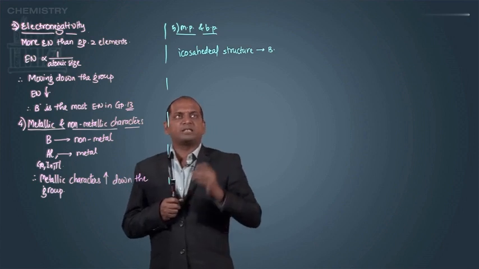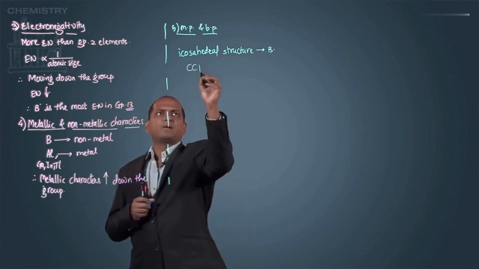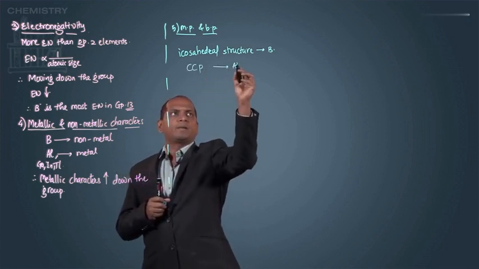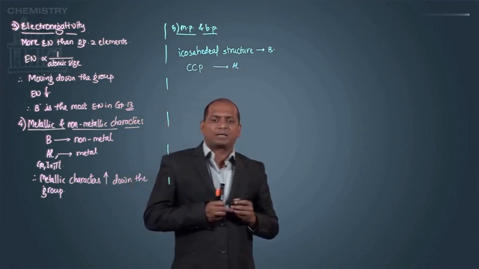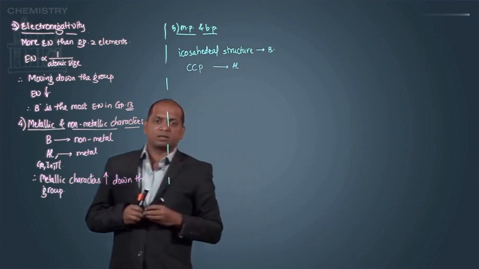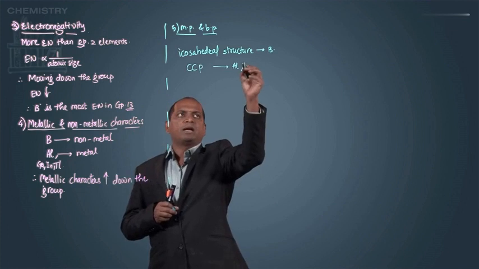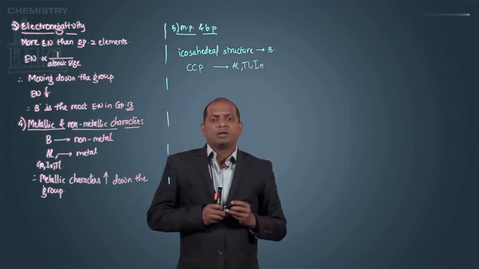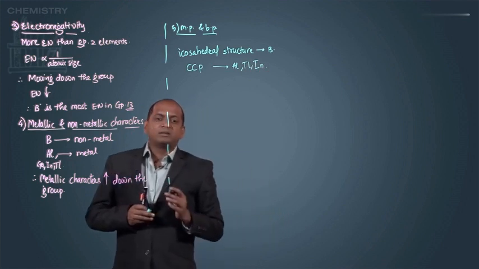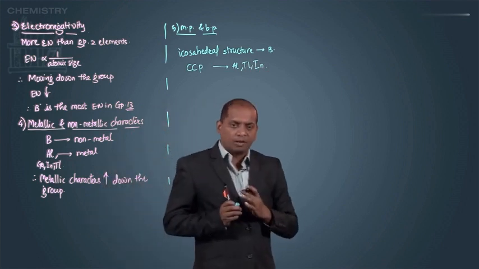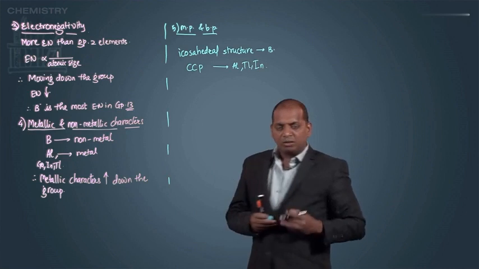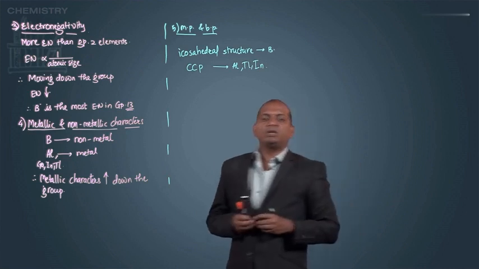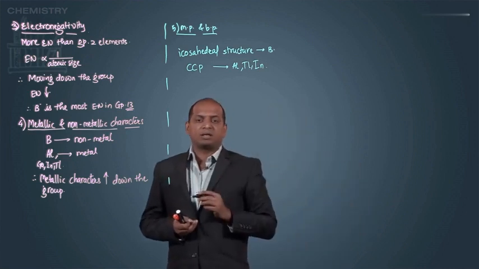Aluminium has a CCP structure, cubic close pack structure or face centered cubic structure. Same for thallium and indium. Therefore, generally we can say that as we move down the group, melting point should go on increasing, but here that is not the case.